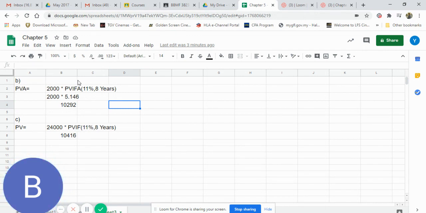So among these three options, A is 10,000, B is 10,292, C is 10,406. Which one do you choose? Whichever is the highest. Therefore, here the highest would be the third option, which is 24,000 in the 8th year. All right.